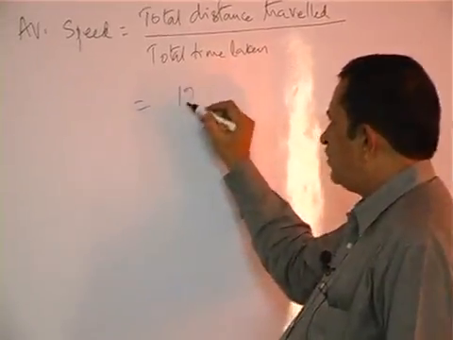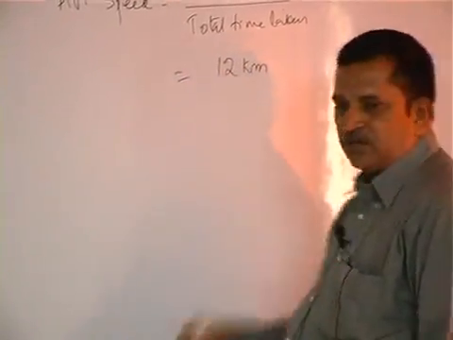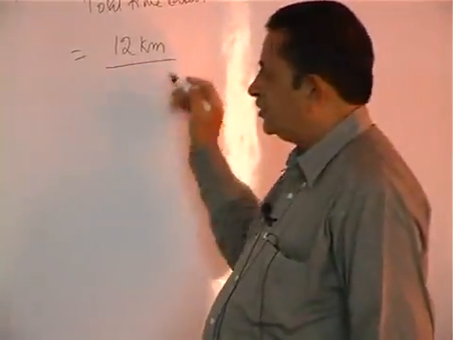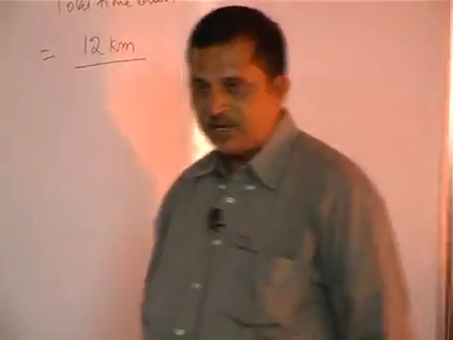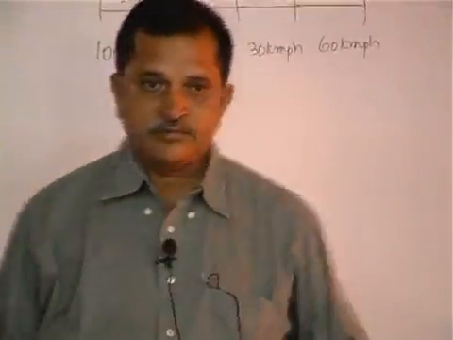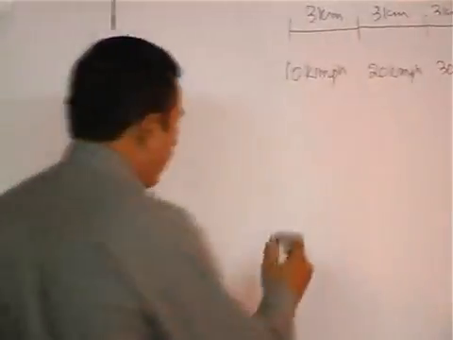Total distance travelled is 12 kilometers, is it not? By total time taken means time is not given. But time you can find out here.